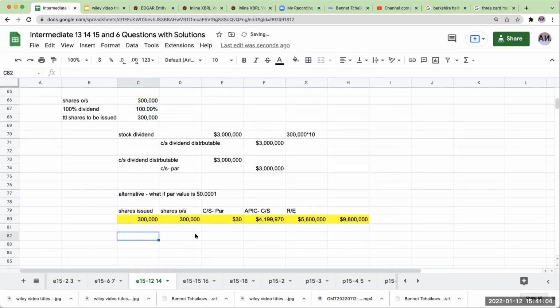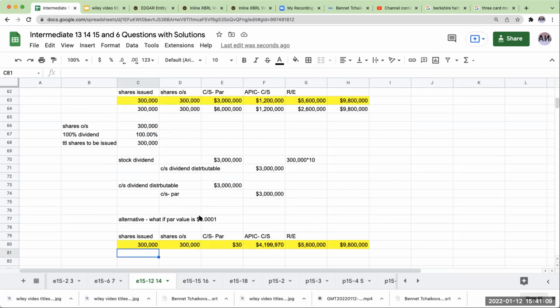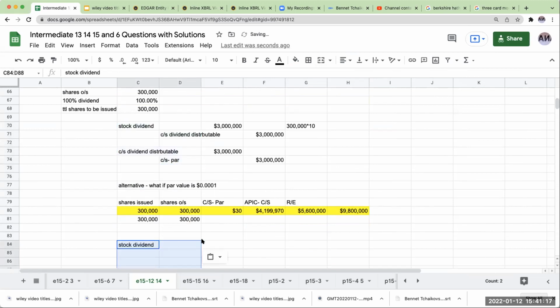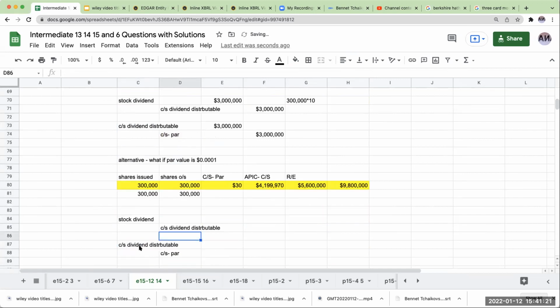So if I did a stock dividend in this situation, and again, this would never work for a publicly traded company, a 100% stock dividend is going to have the same effect. But look at what's going to happen now. Well, my stock dividend is going to be 300,000 times 0.0001, or $30. And then over here, I've got the $30 over here.